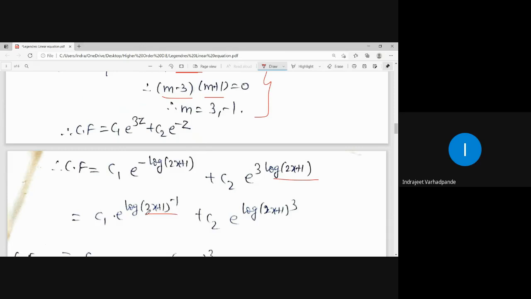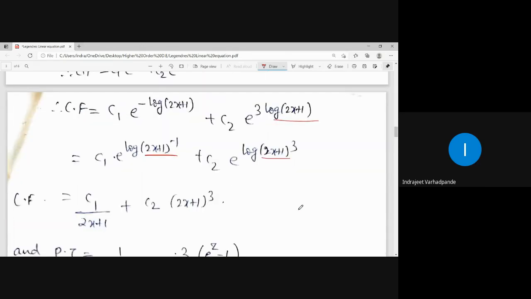Minus 1 is to be shifted to the power of 2x plus 1, and 3 can be shifted over here. So I get C1 into e to the power log of 2x plus 1 to the power minus 1, C2 into e to the power log of 2x plus 1 whole cube. So this to the power minus 1 is 1 upon 2x plus 1, and this is 2x plus 1 whole cube.